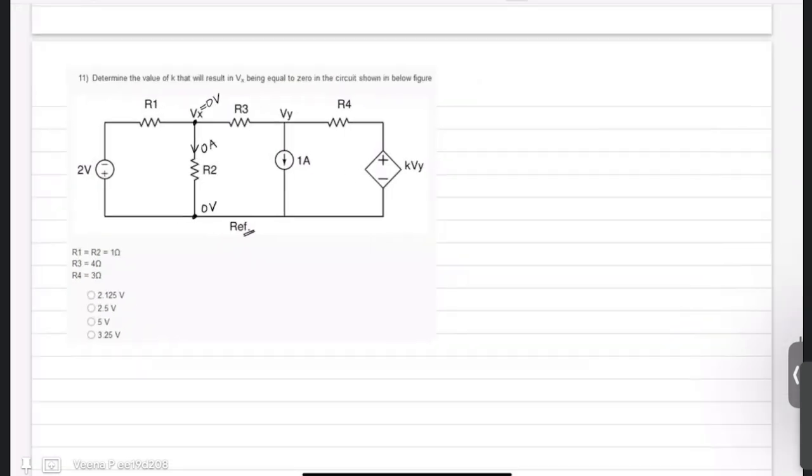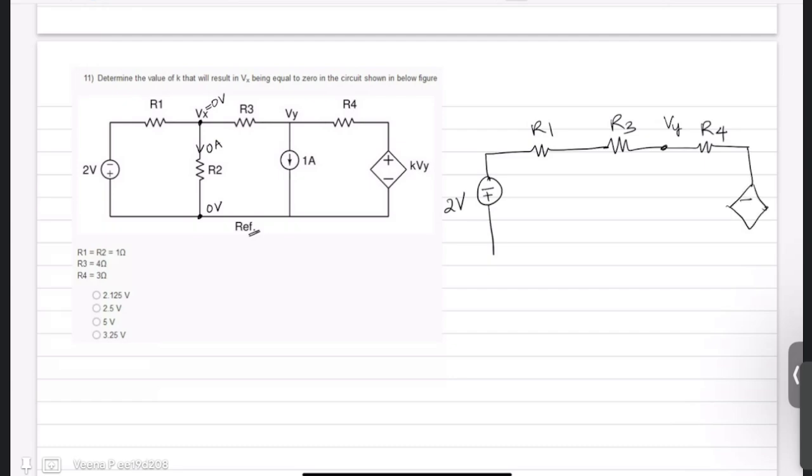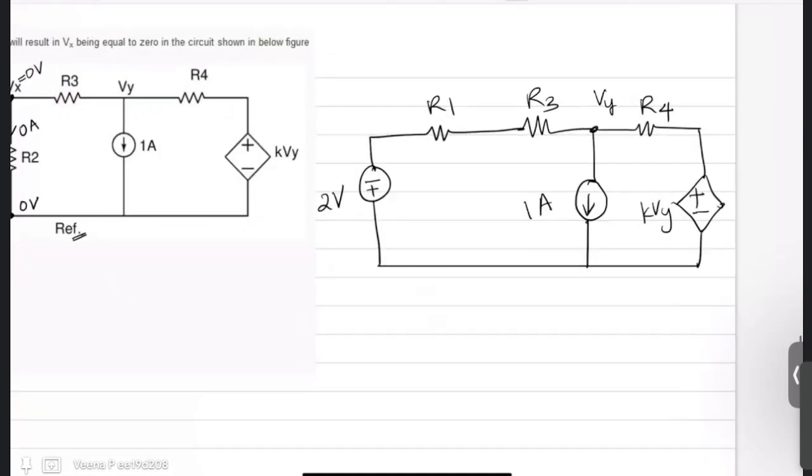So now our circuit reduced to volts, R1, R3, this is Vy, R4, kVy, there is another 1 ampere source. So now the circuit is reduced to this.